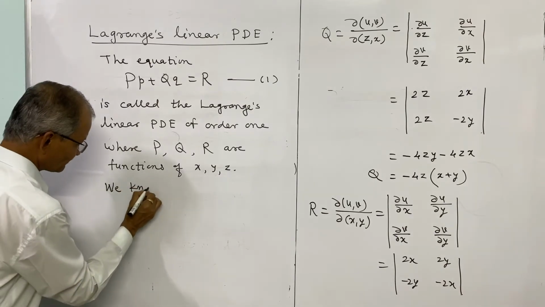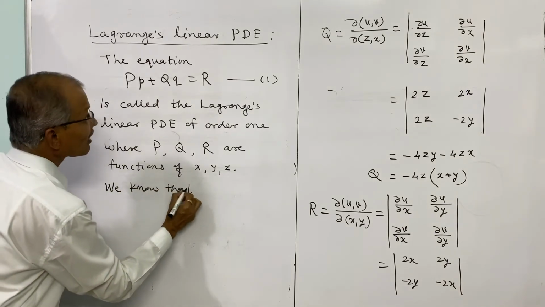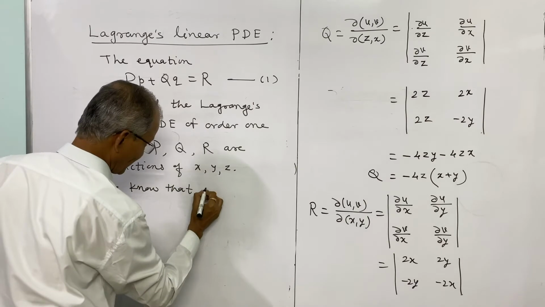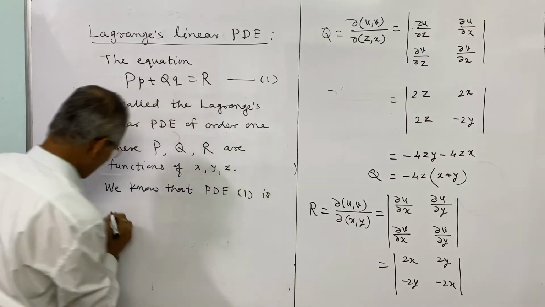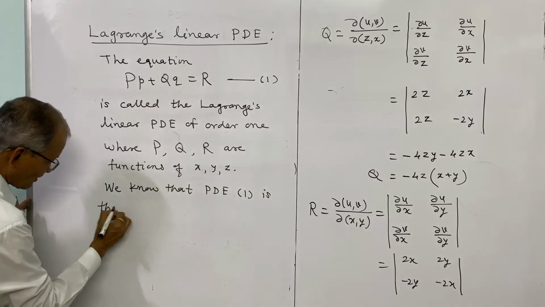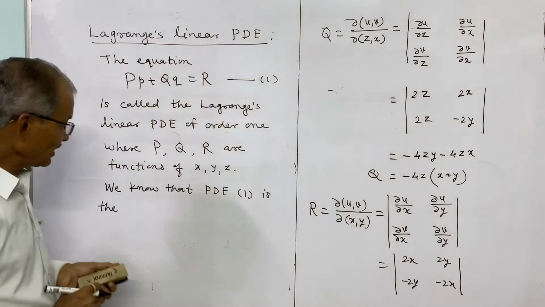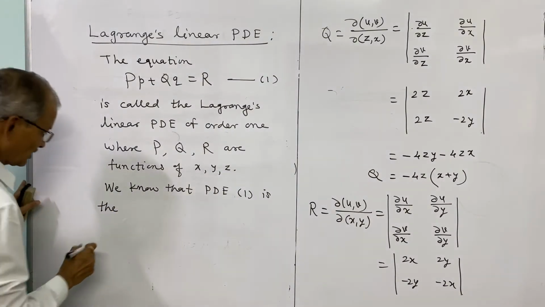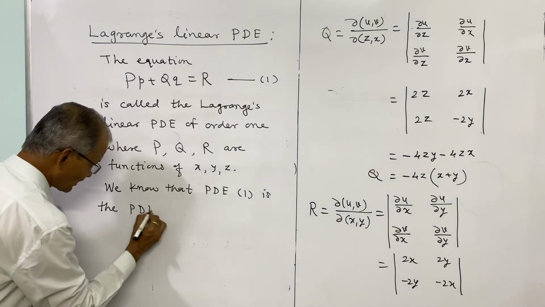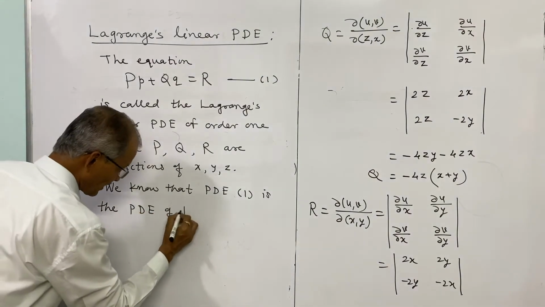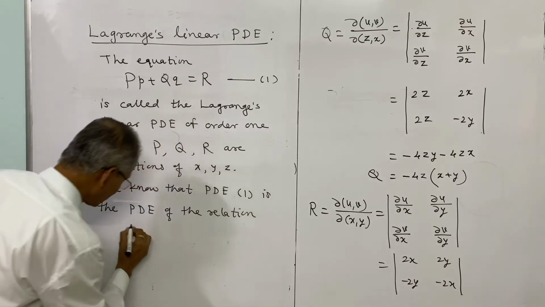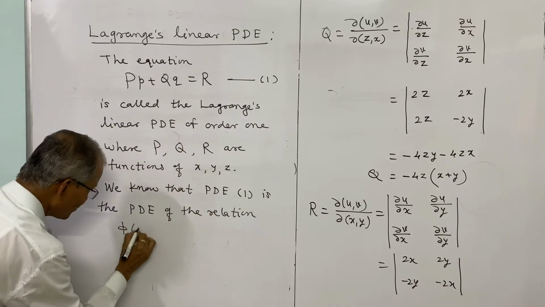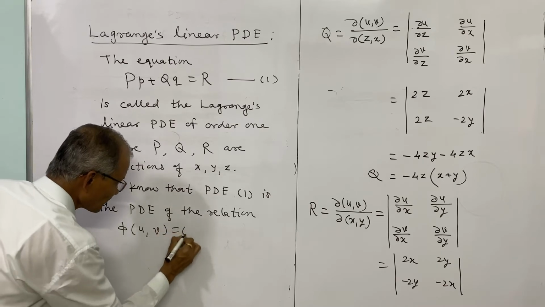We know that this equation 1, PDE 1, is the partial differential equation of the relation phi of u and v is equal to 0.